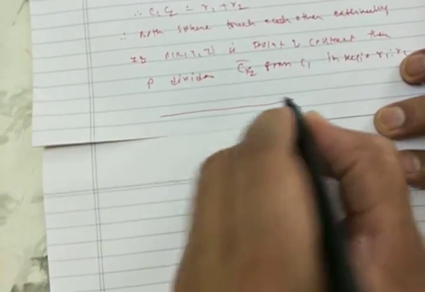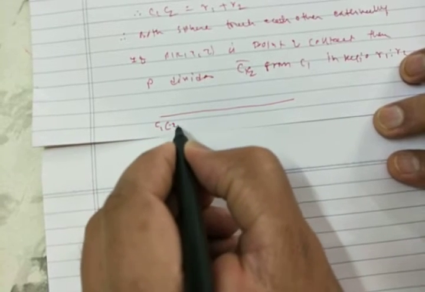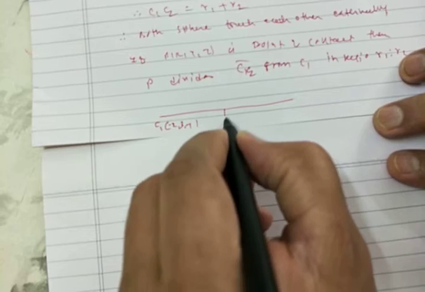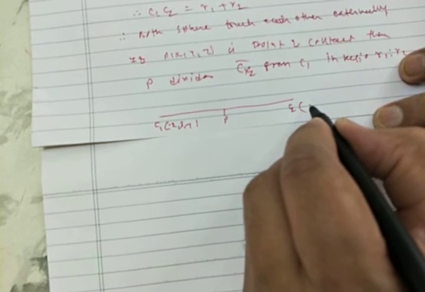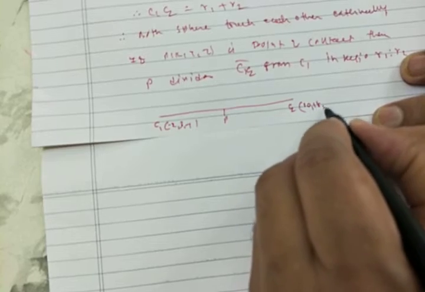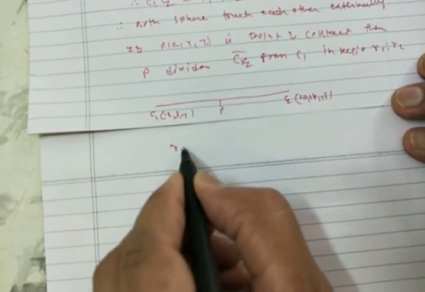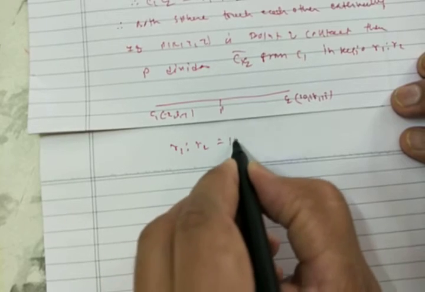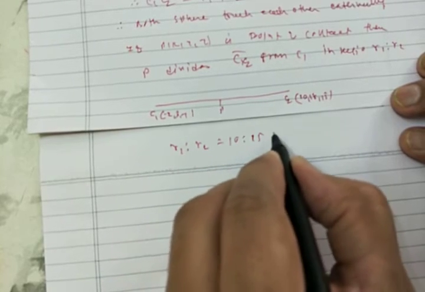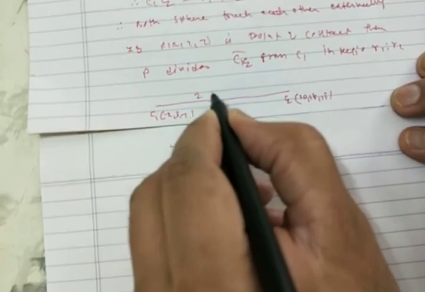Here we can draw it this way. C1 is minus 2, 3, minus 1, this P, C2 is 10, 18, 15, and R1 is to R2 is 10 is to 15, so we can write 2 is to 3.